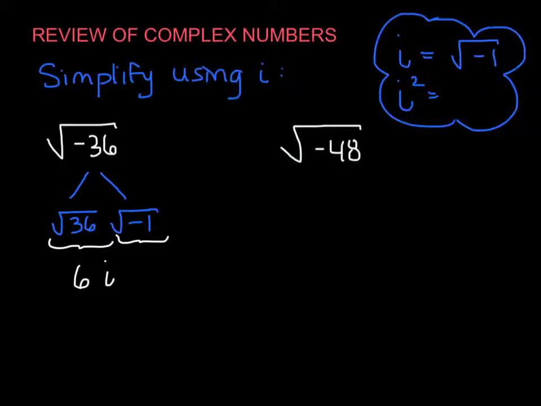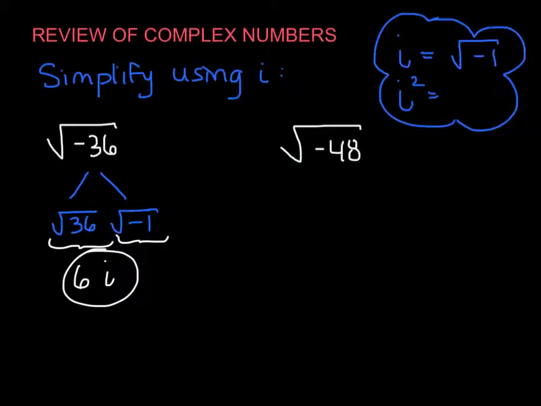So that's how I end up getting 6i for the square root of -36. When you start doing these a lot, you don't ever really show all that work. You just know that if the square root of 36 is 6, then the square root of -36 is just 6i. So anything that has a negative under a square root, we rewrite with i.